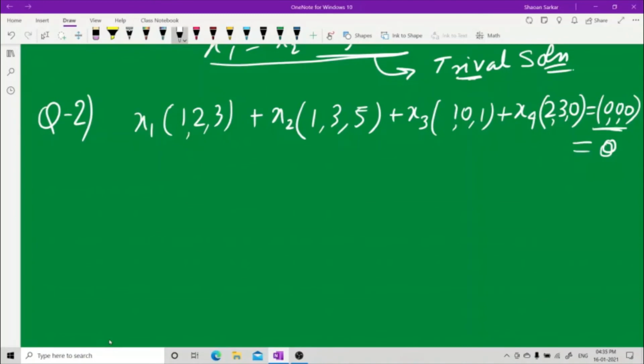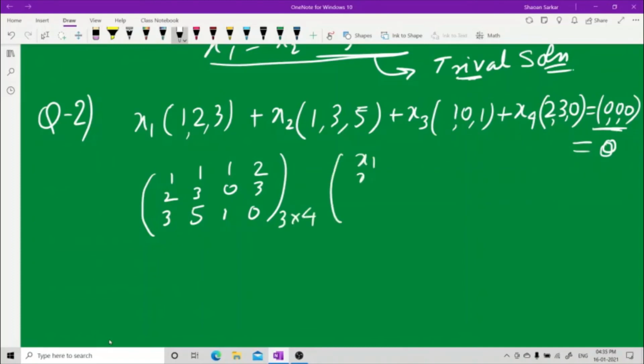Now I told you the shortcut. You write 1, 2, 3 like this, 1, 3, 5 like this, 1, 0, 1, and then 2, 3, 0. This is now a 3 cross 4 matrix, so your determinant method won't work.